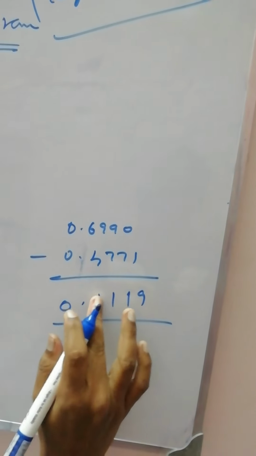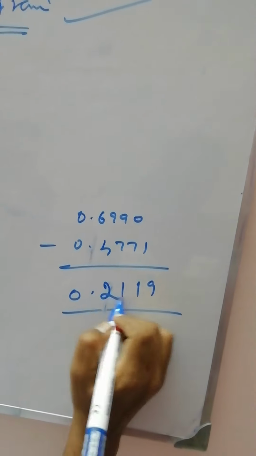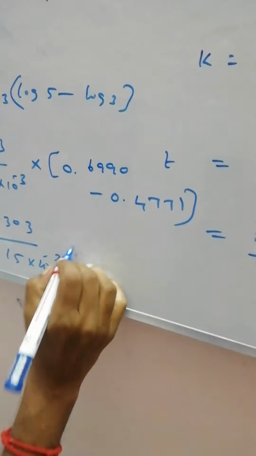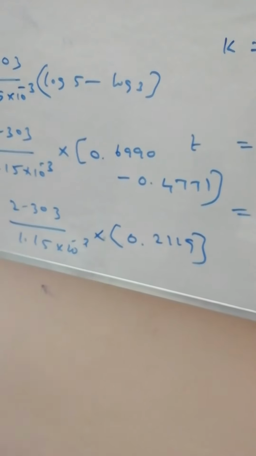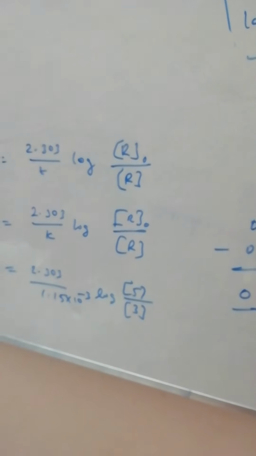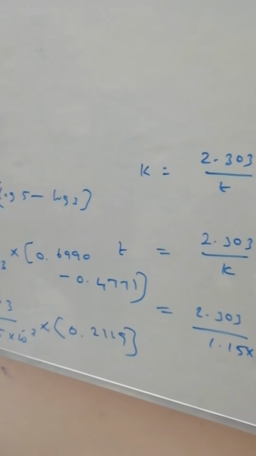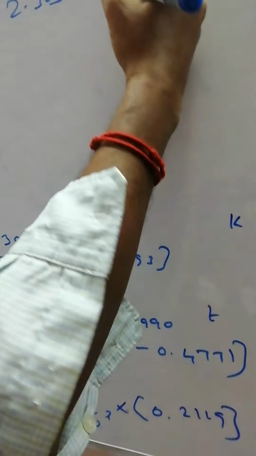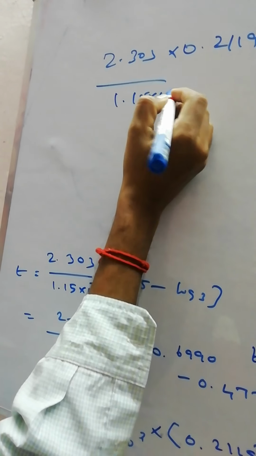That is 0.2219. You have to multiply these two and divide by this one: 2.303 into 0.2219 divided by 1.15 into 10 to the power minus 3.